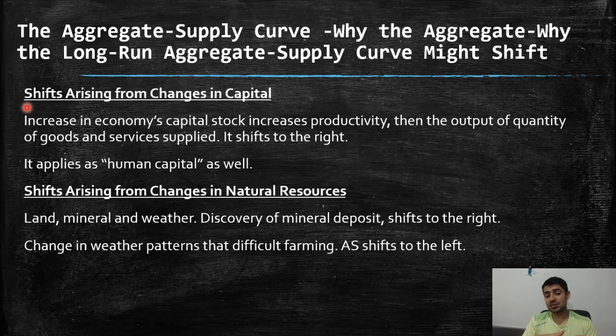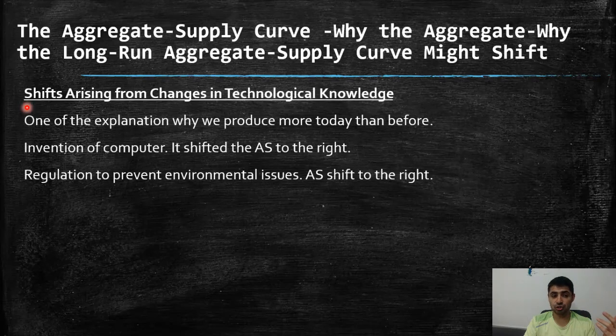This could be an issue for the environment: now we're experiencing higher production, but in the long run we may experience a contraction of aggregate supply from the lack of natural resources.